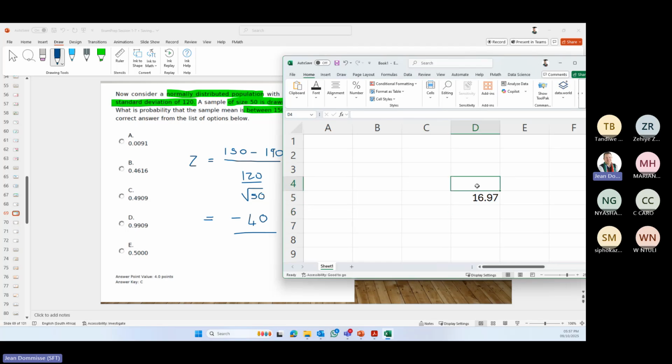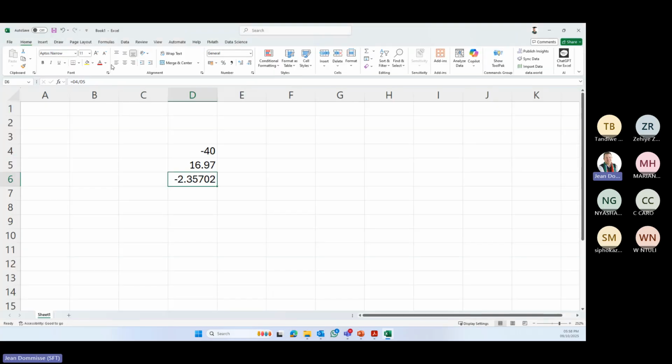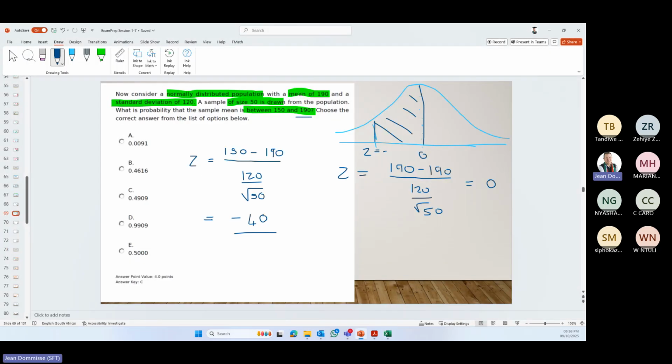If we say minus 40 divided by that, we get minus 2.36. Let's just round that off. Minus 2.36. So here it's minus 2.36. Okay, so we can now go two ways to work this out.